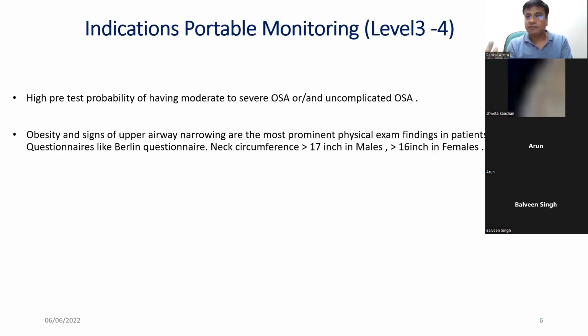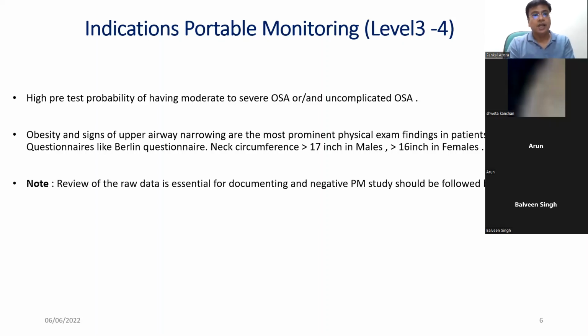The patient will be obese, with signs of upper airway narrowing and neck circumference more than 17 inches in males and 16 inches in females. Questionnaires like the Berlin questionnaire will also help in defining whether the patient has an 80 to 90% sure-shot high pretest probability of obstructive sleep apnea.